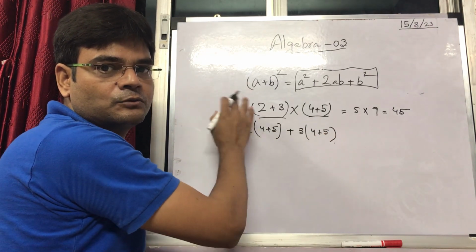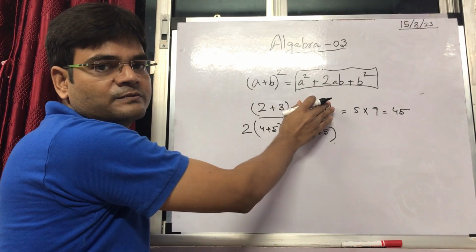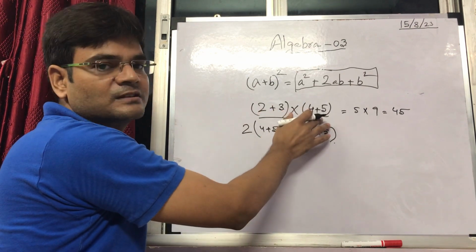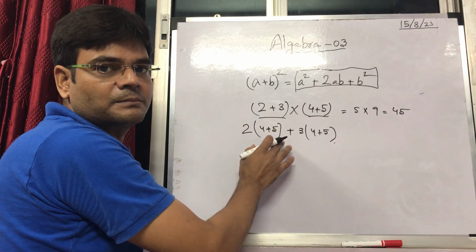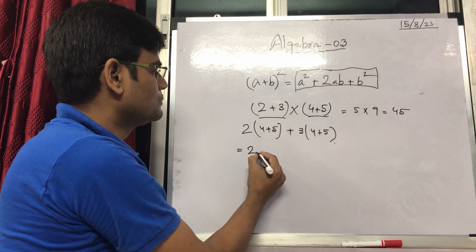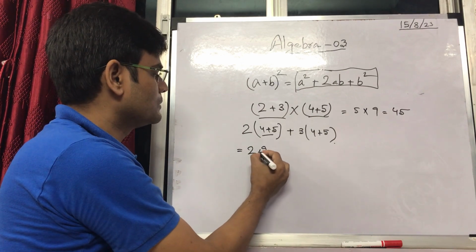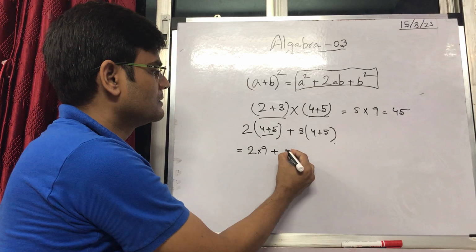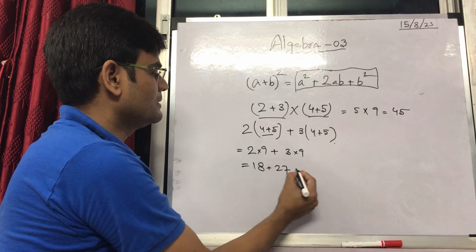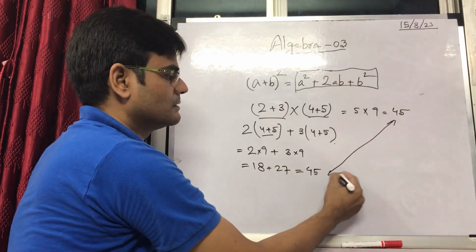It could be 4 plus 5, c plus d, x plus y, whatever. So this is equal to 2 into 9 plus 3 into 9, that is 18 plus 27, and that is nothing but 45, which matches with this one.